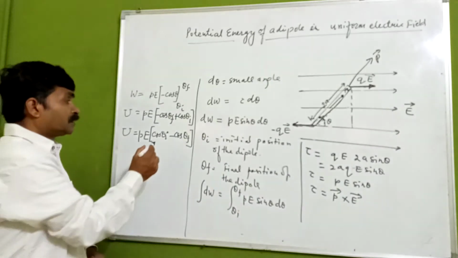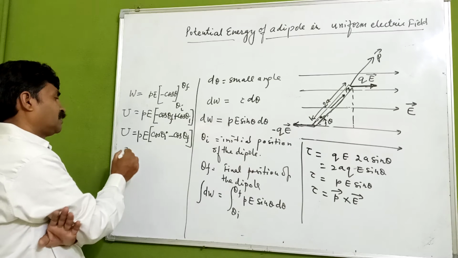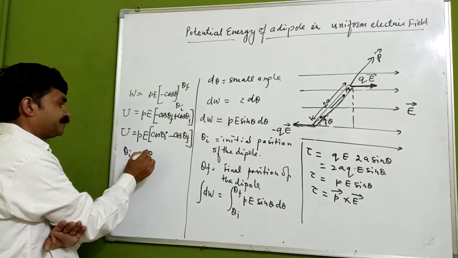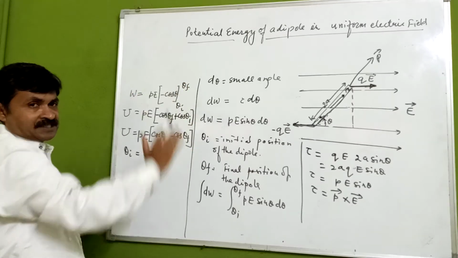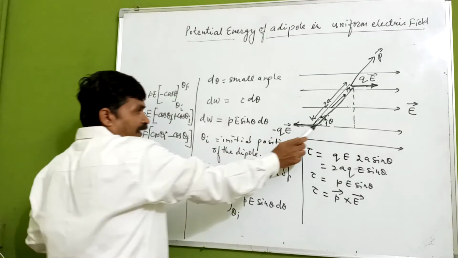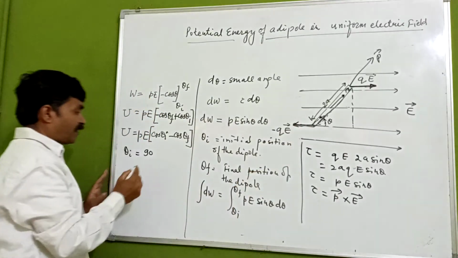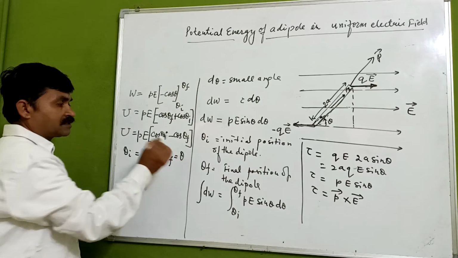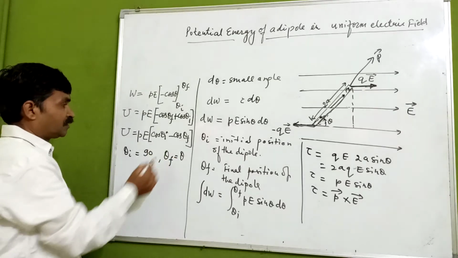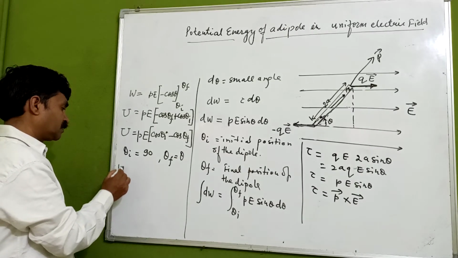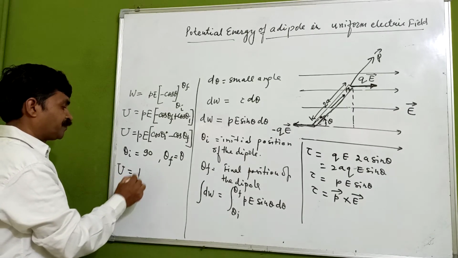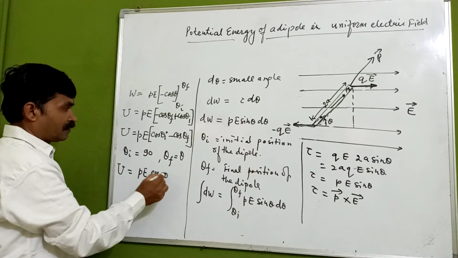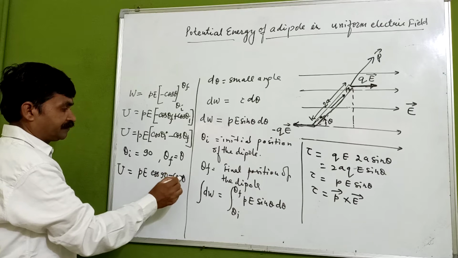Now assume theta i is some angle, say 90 degrees, meaning initially the dipole makes an angle of 90 degrees, and the final angle theta f is any angle, say theta. Then what relation do we have here? U is equal to pE times cos 90 minus cos theta.